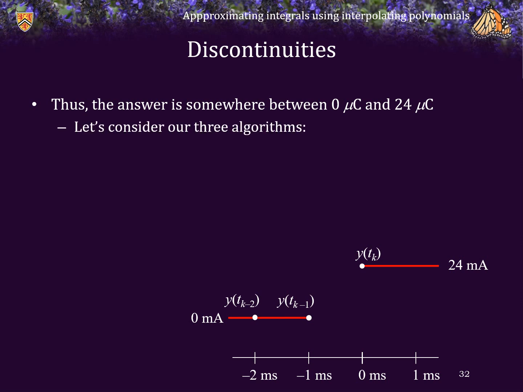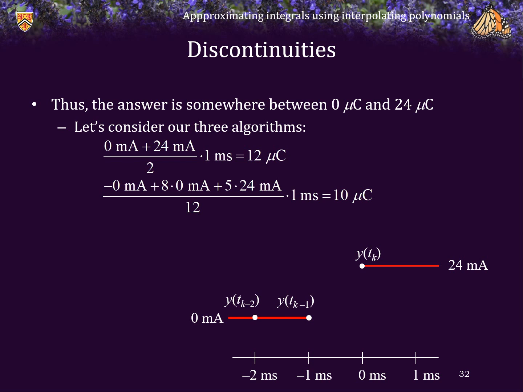Let's consider the three algorithms we saw. If we apply just the trapezoidal rule on this subinterval, then we get an approximation of 12 microcoulombs, which is about as good as we can do. It is the midpoint.